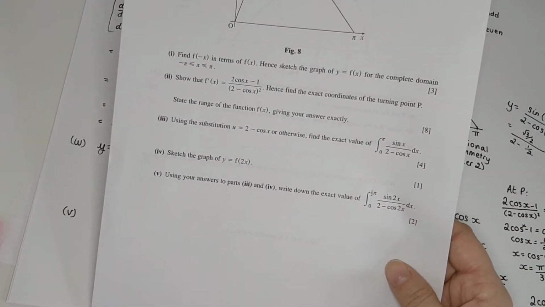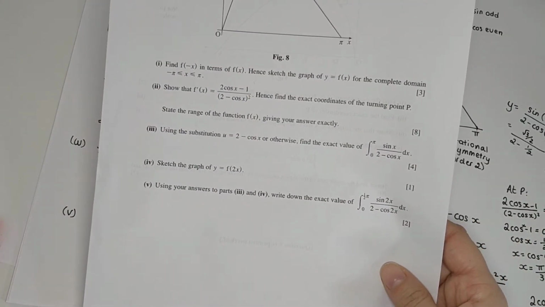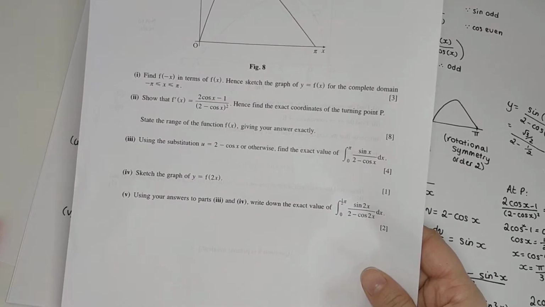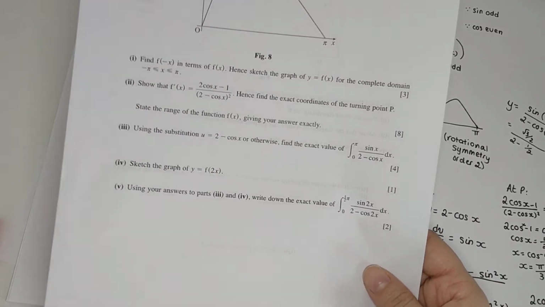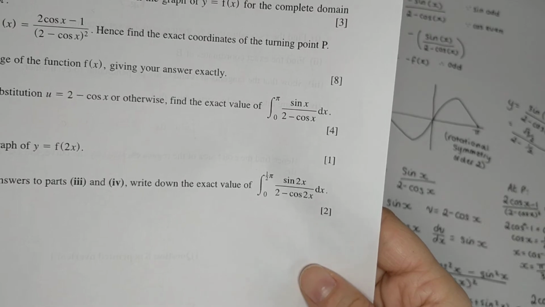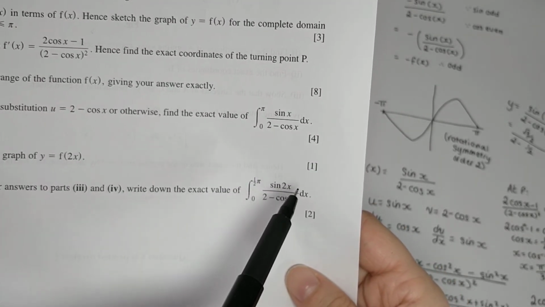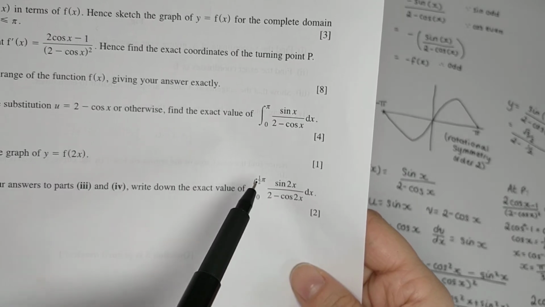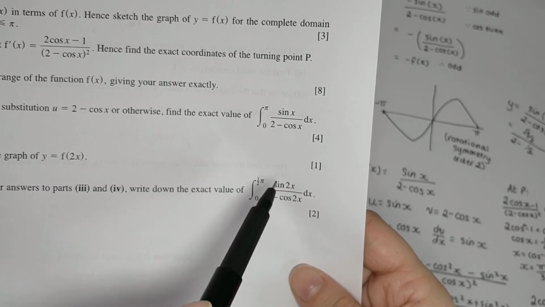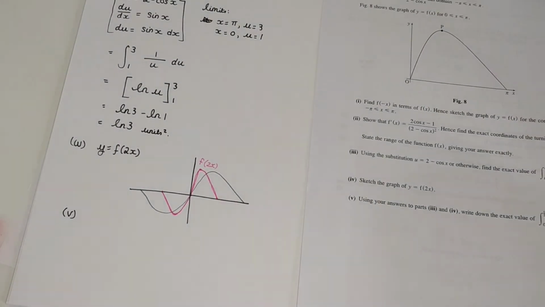Okay, this is why. Using your answers from part 3 and 4, write down the exact value of the same integral, but the x has been turned into 2x, and the limits have been shrunk.